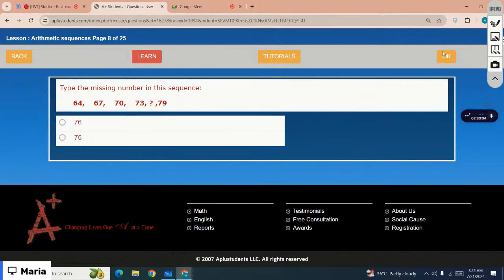Type the missing number in the sequence. So which number is missing? The correct option is, you have to add 3, right? So 73 plus 3 is 76. The correct option is option number 1.